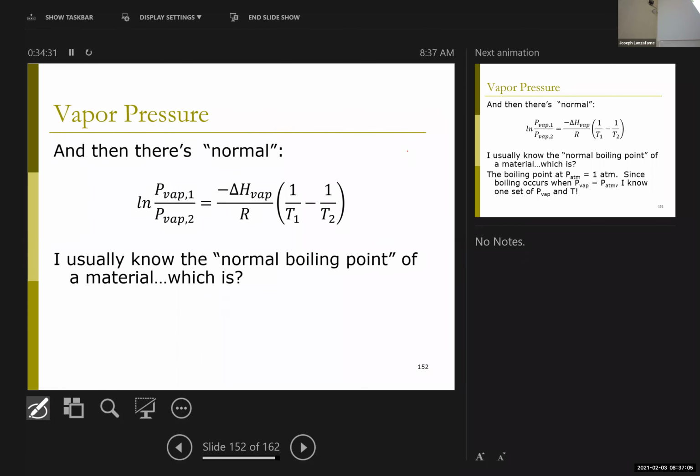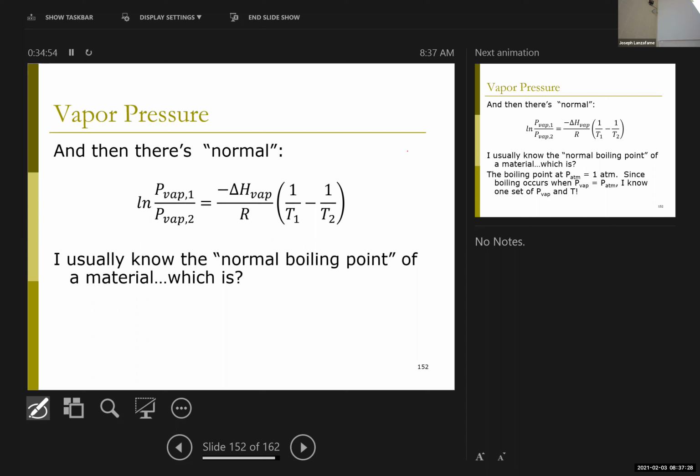Right? Because one of the things I almost always know for a common liquid is the normal boiling point. Right? I'm even more likely to know that than the delta H. Right?